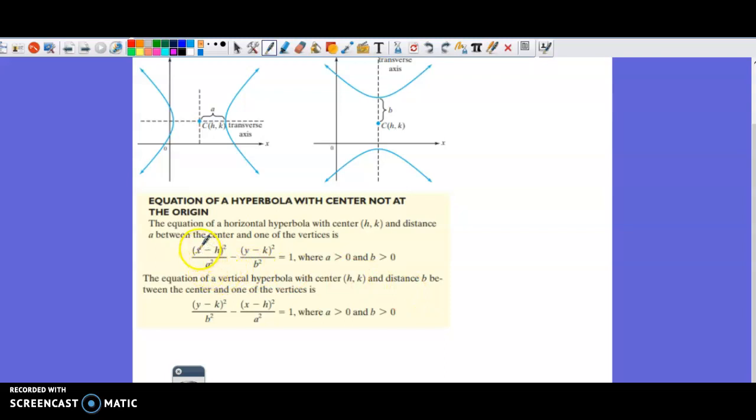So if x is written first, notice that we still have a squared here. That means that it's a horizontal transverse axis, sort of like this first one. Whereas if y was written first, because that's the positive term, we want the one to be positive to tell us the axis that way.